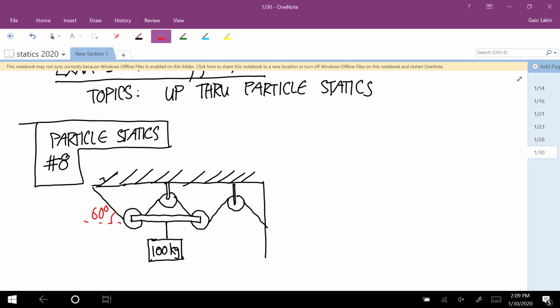And we want to calculate the force vector the cable applies to the wall, the cable tension, and then do it as the angle with the horizontal approaches 0.